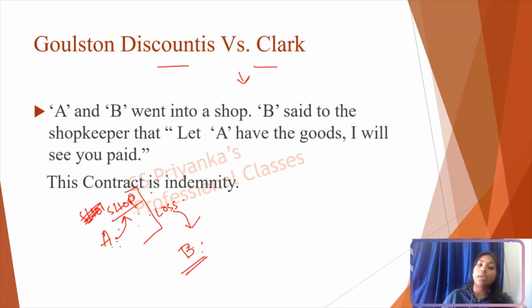So whatever loss the shopkeeper suffered due to A will be compensated by B. So this is also a contract of indemnity. Got it? One person suffered a loss, and I am going to compensate that person. Indirectly, it is a contract of indemnity.